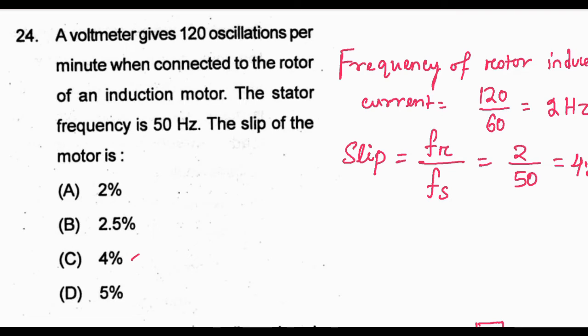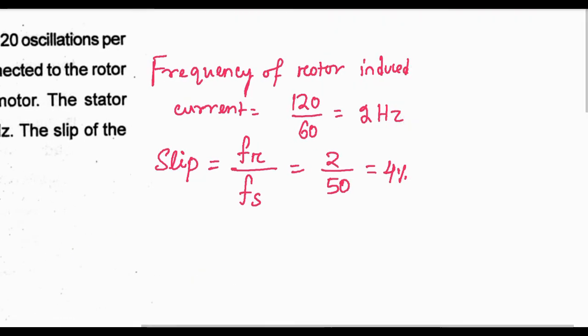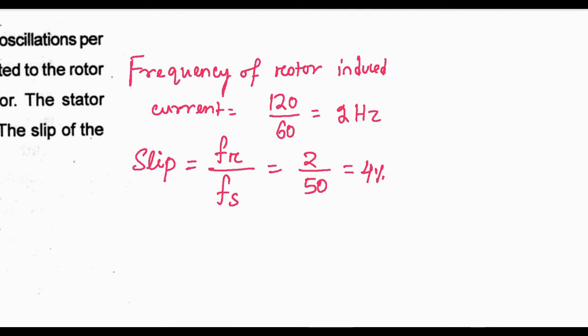As this is giving 120 oscillations, we can calculate the frequency of the rotor induced EMF or rotor induced current, and that will be oscillations by time, and time is given in minutes. So what will be the oscillations per second? That is the frequency. So this will be 120 by 60, that is 2 Hz. 2 Hz is the frequency of the rotor induced EMF. So what will be the slip?